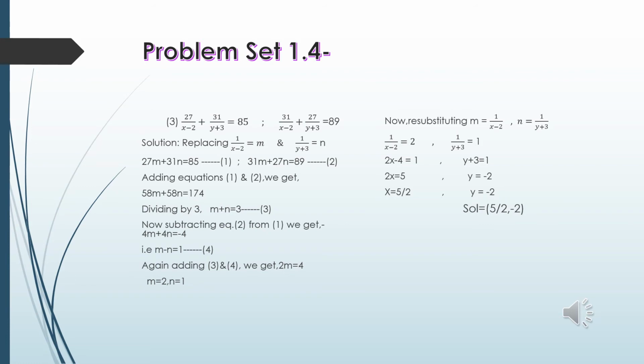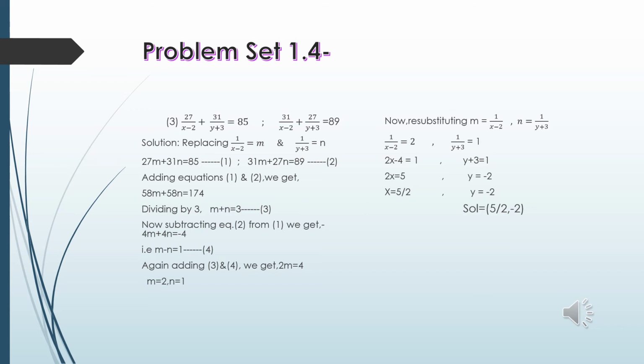Now add these two equations. On adding, we get 31m plus 27m becomes 58m and 31n plus 27n becomes 58n. 85 plus 89 becomes 174. Now we get the equation as 58m plus 58n is equal to 174.